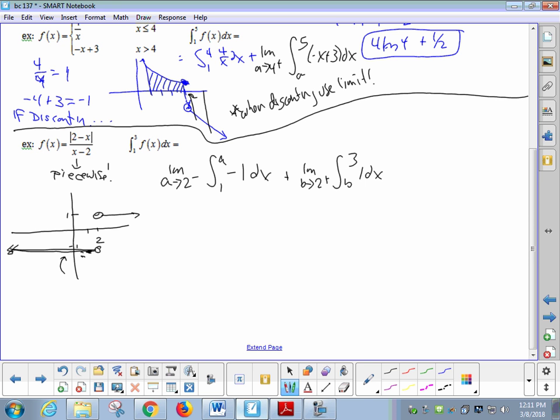What is the area from 1 to 2 here, just geometrically? Those negative y values are like positive y values. So that's negative 1. Okay? What about from 2 to 3? Positive 1. And therefore this is 0.